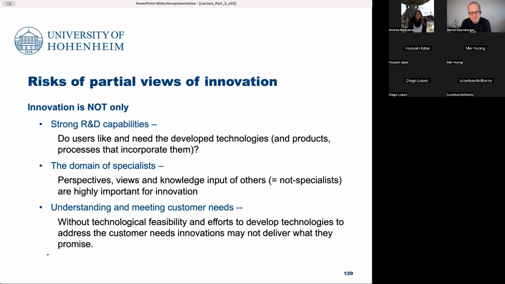Innovation, and we will have this in the summer term, is not only the domain of specialists. So it's not only the innovation experts in your company that drive forward innovation. What you need to do as an innovation manager is include all sorts of colleagues, all sorts of other employees, also non-innovation specialists, in your innovation endeavor.